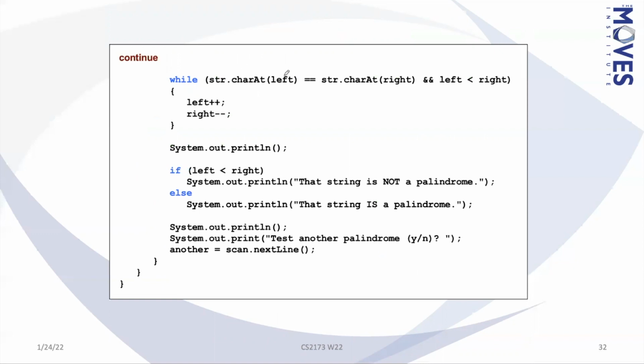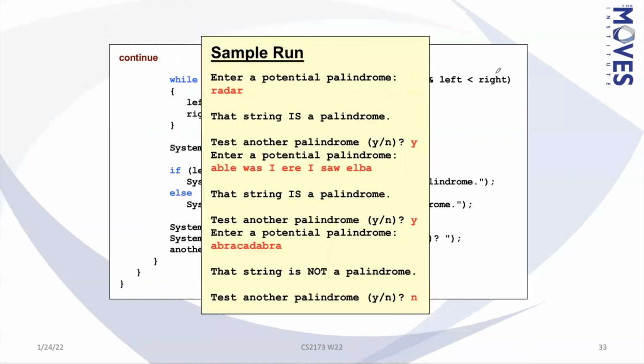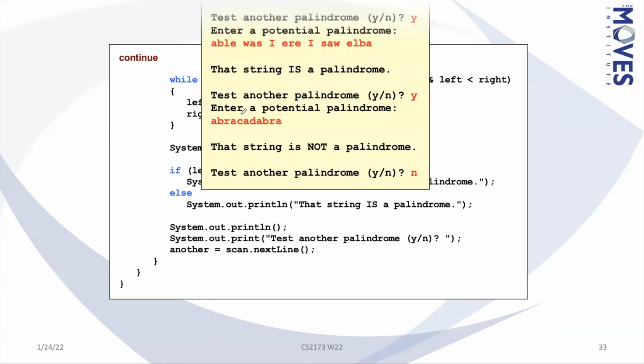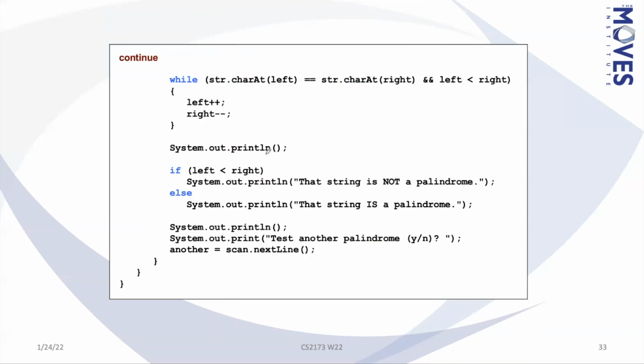So this says while the character at the left is equal to the character at the right, and left is less than right, we click over to the right on left and click to the left on right.